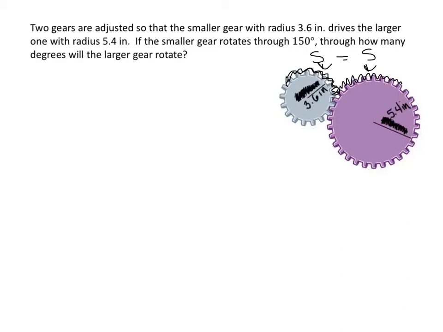So what I'll need to do before anything else is convert that 150 degrees into radians. This I can reduce. 3 goes into 15 5 times, and 3 goes into 18 6 times. So we're looking at 5 pi over 6 radians.